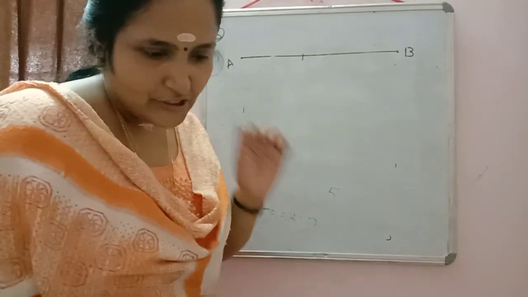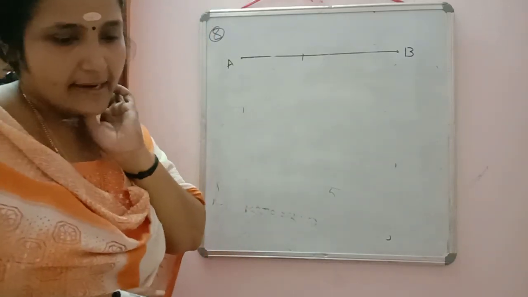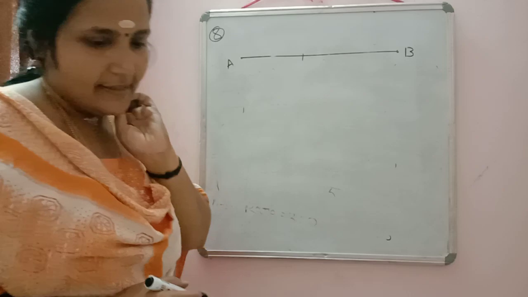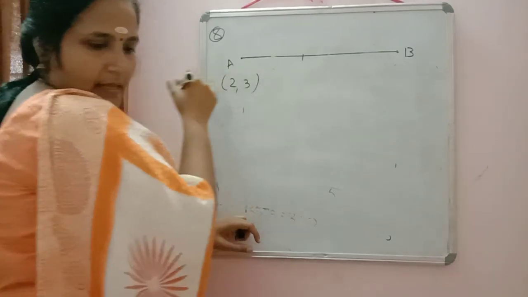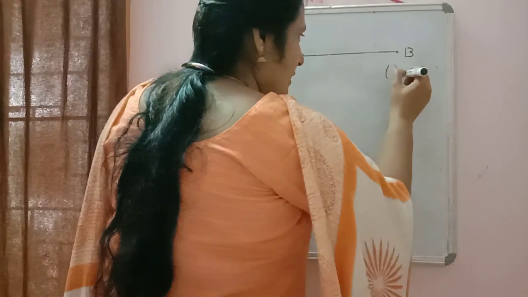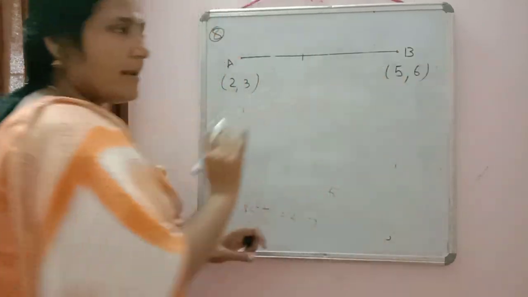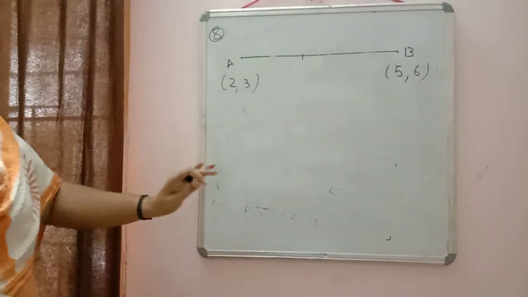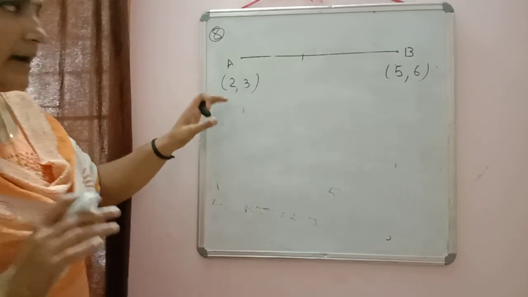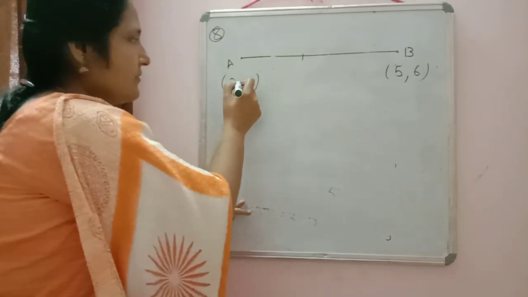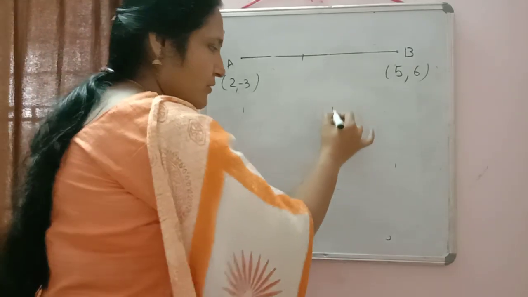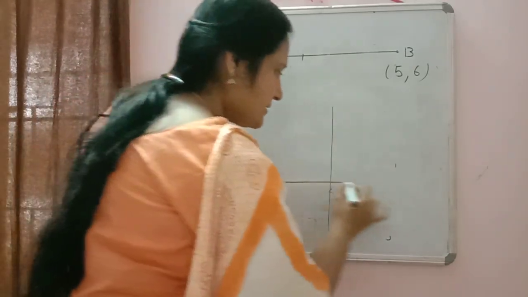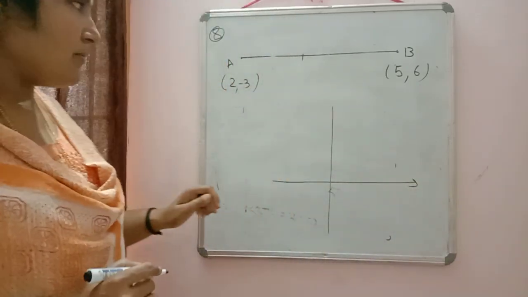In what ratio does the x-axis divide the line segment joining 2 comma minus 3 and 5 comma 6? Here we are drawing a rough diagram only. Now just to check there, if I will draw it as 2 comma minus 3, as we are drawing in the coordinate system, how it will be. You don't draw the diagram. This one I am just drawing for an explanation only.